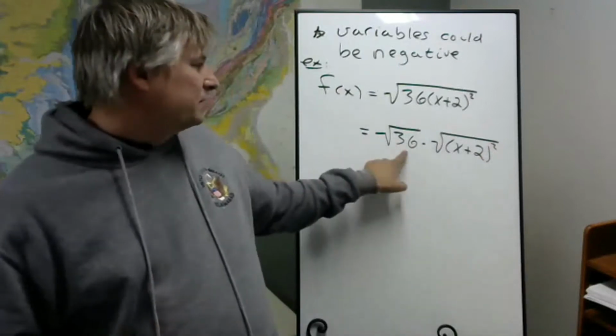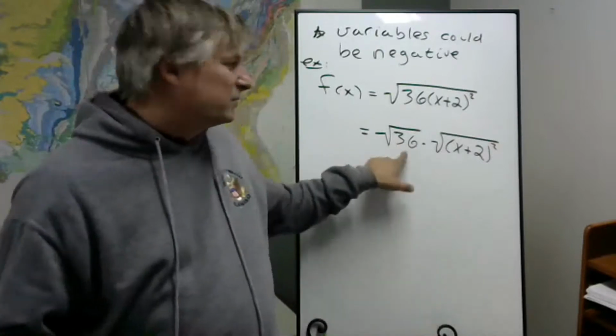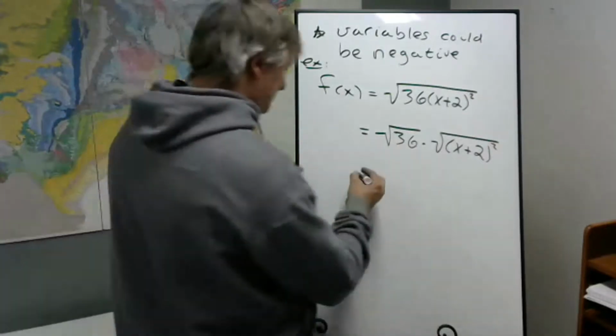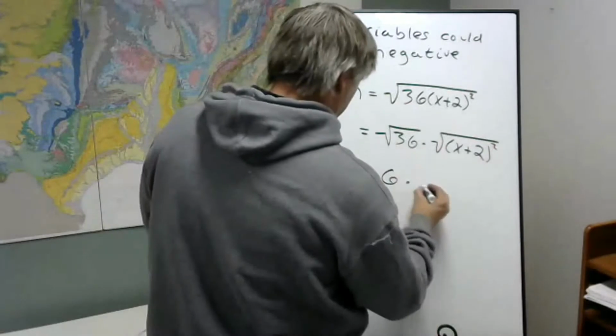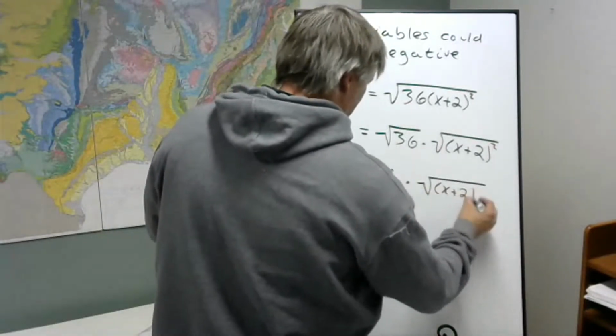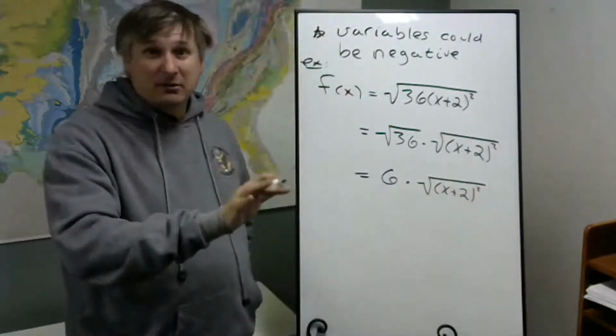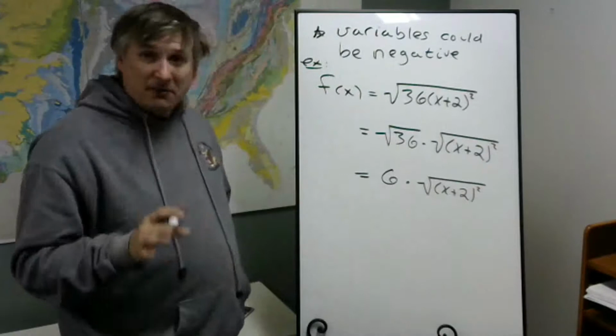The positive square root of 6 squared is positive 6. Or we could just say this is the positive square root of 36, which is 6. Again, with those even roots, you've got to be careful of the positive root and the negative root.